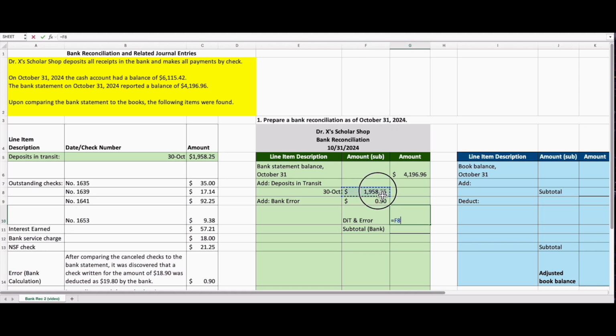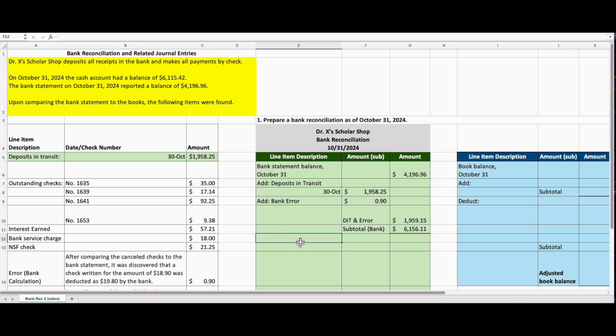We have a subtotal for these two amounts, $1,959.15. We add the reported balance on the bank statement, and that gives us a bank subtotal of $6,156.11.